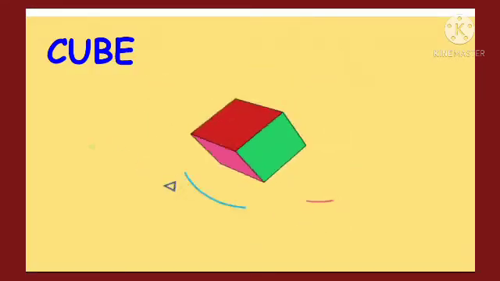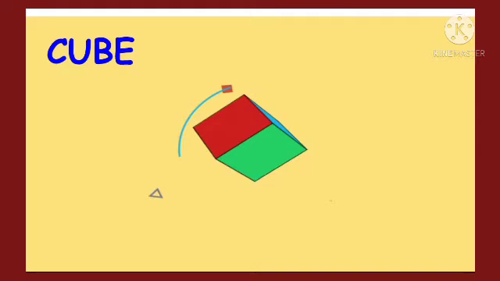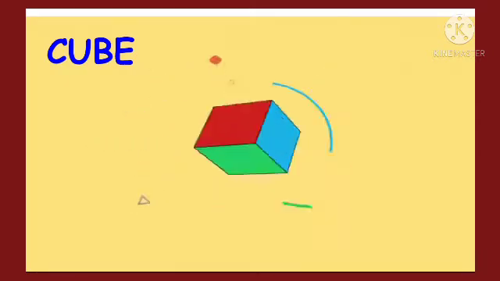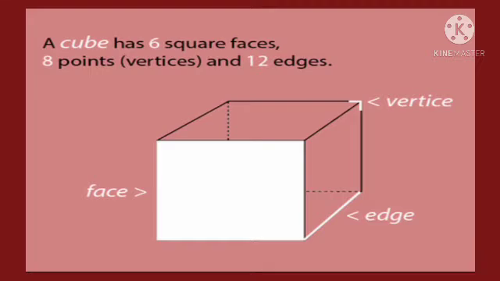Now, let us study about cube. A cube has 6 plane faces, 12 edges and 8 vertices. All the 6 faces are equal and here the faces are square.